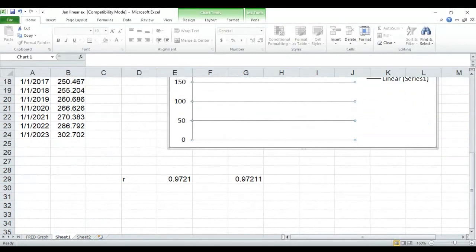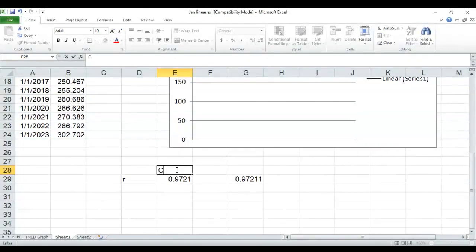This one is close, but sometimes they're not all that close. This one we found using CORREL. This one we found by doing the square root of r squared. It doesn't matter which one you use.